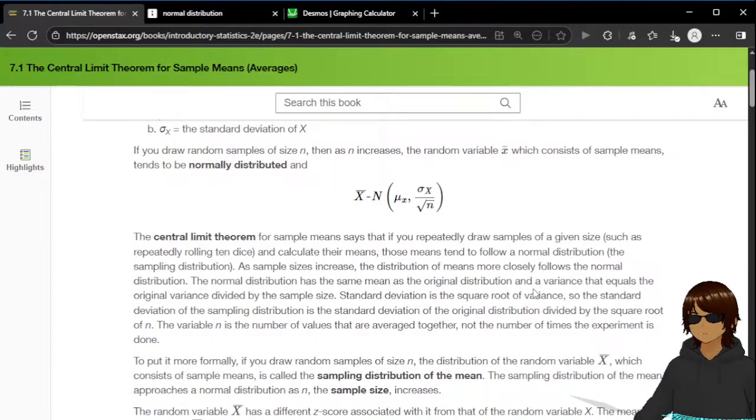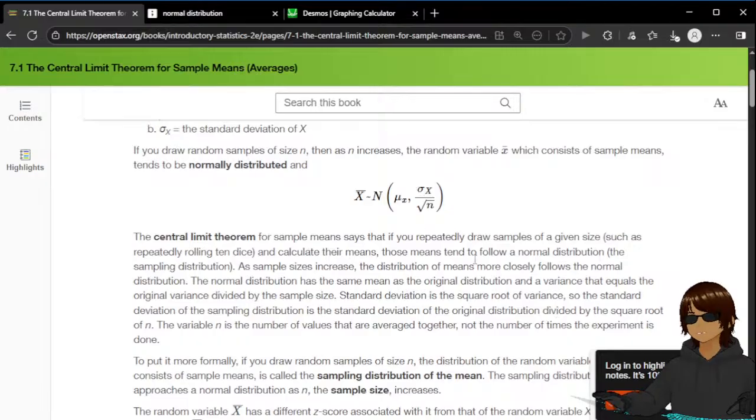So the standard deviation of the sampling distribution is the standard deviation of the original distribution divided by the square root of n. What do they mean by original distribution?